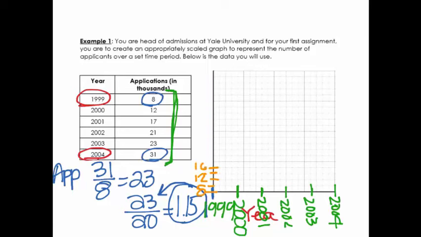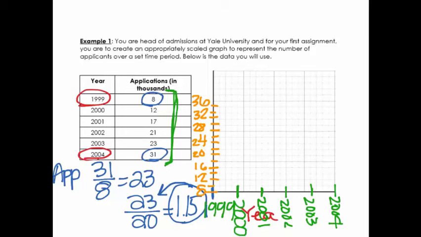This one's 16, 18, 20, 22, 24, 26, 28, 30, 32, 34, 36, and now we keep going.